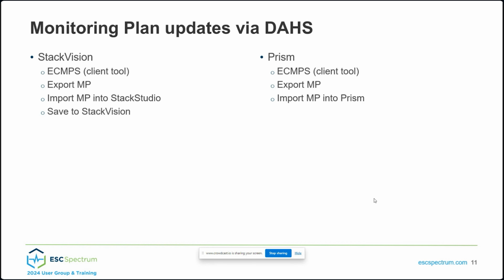So in StackVision, you're going to start with the ECMPS client tool, with some respect. A lot of the StackVision tool allows you to actually make some updates in there as well, so you can export them and evaluate. For example, Bert, you're mentioning a cert event. You can do that cert event in StackVision. Export that, and say there's a whole bunch of them. Say you're replacing 3 analyzers and you do 3 cert events.